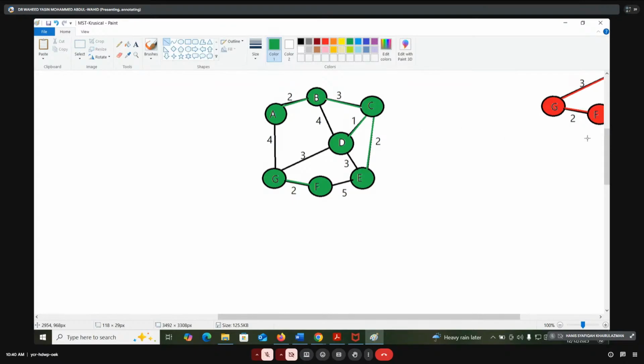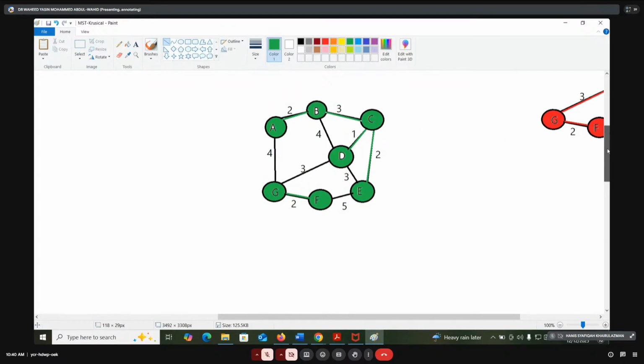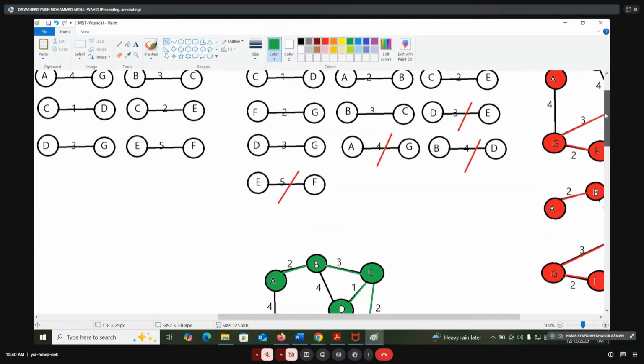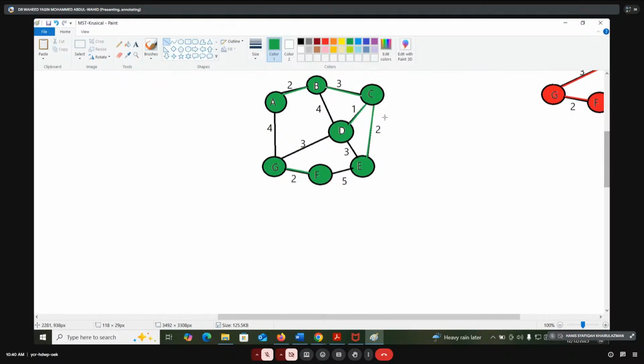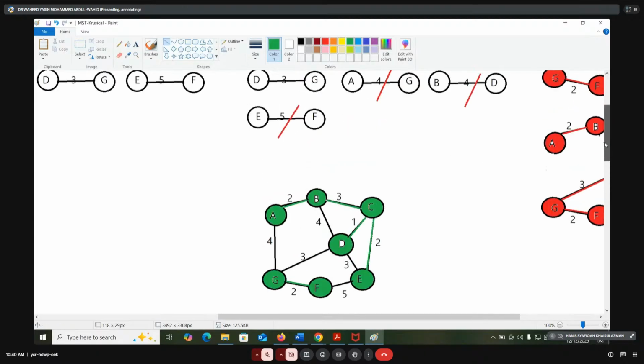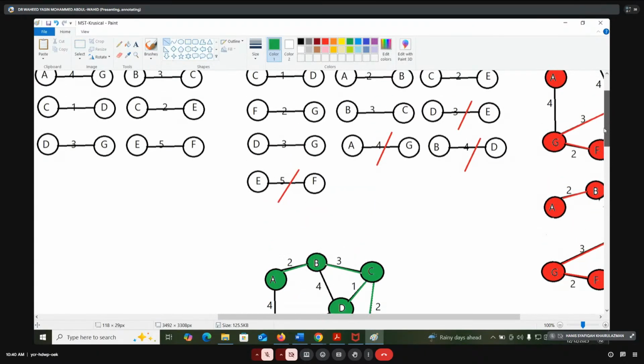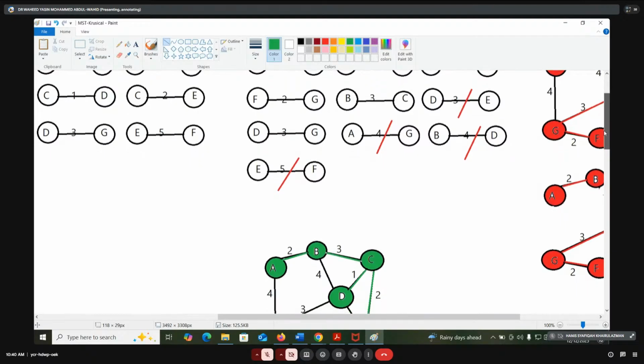Okay, now I notice that BC. Then if I select DE, it will be a cycle. DE cycle will be ignored.